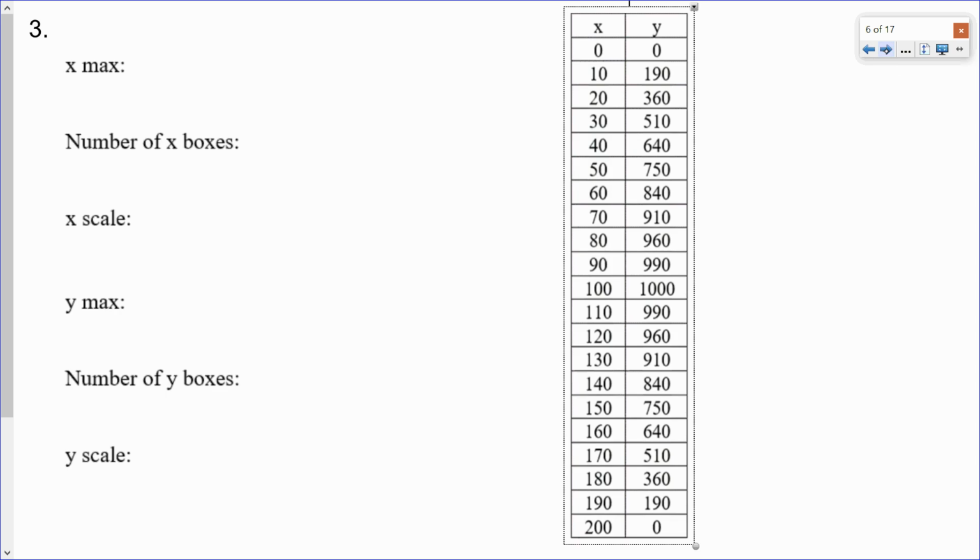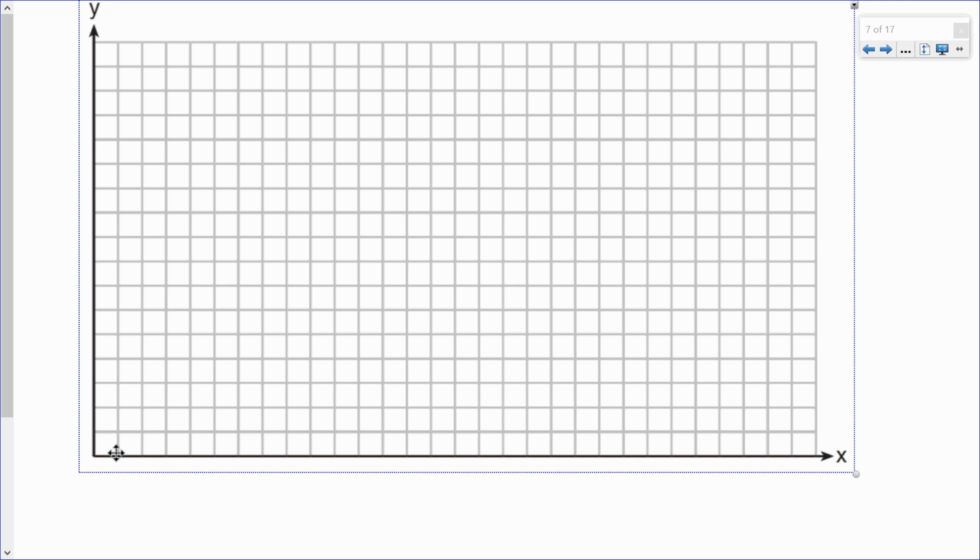And let's do number 3. So let's start with my X. My largest X value is 200. The number of boxes: 1, 2, 3, 4, 5, 6, 7, 8, 9, 10, 11, 12, 13, 14, 15, 16, 17, 18, 19, 20, 21, 22, 23, 24, 25, 26, 27, 28, 29, 30.